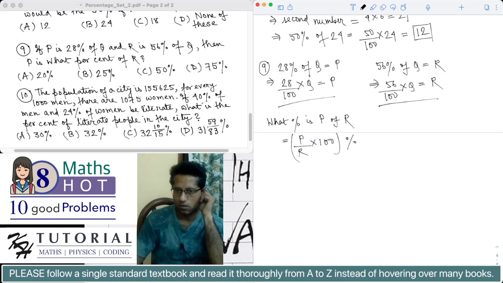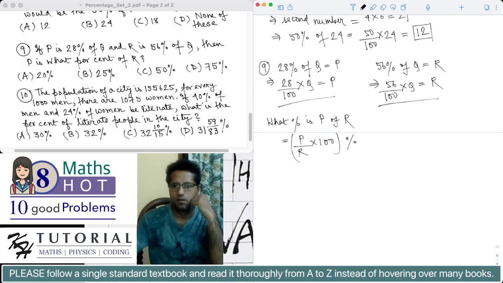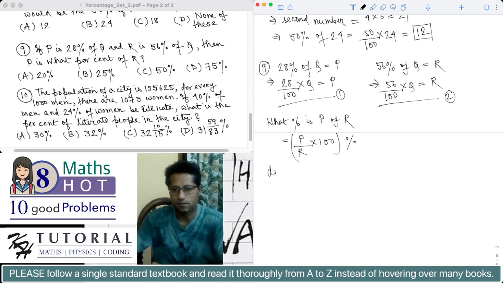Now how do we know P by R? From these two, if you consider these as result 1 and result 2, we can say that dividing 1 by 2, what do we get?